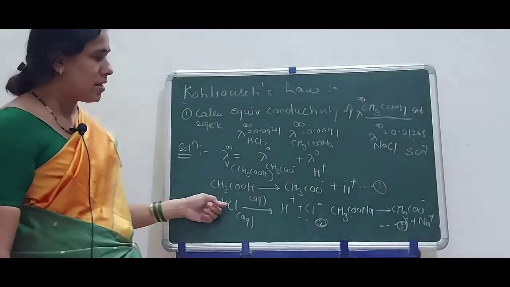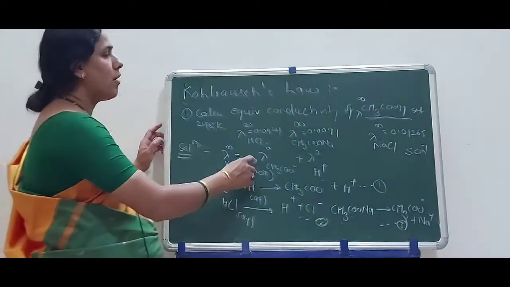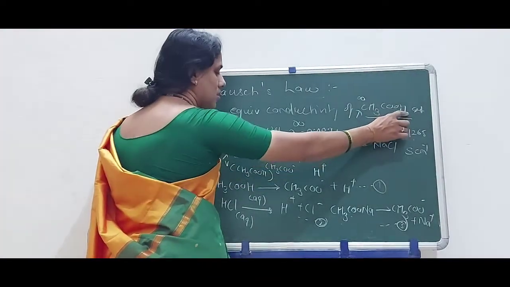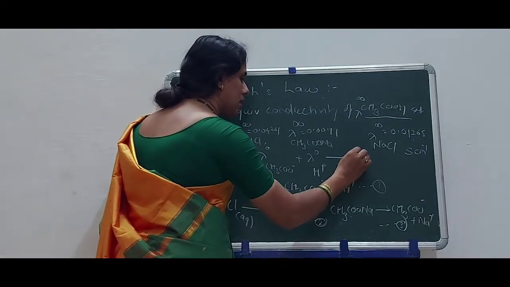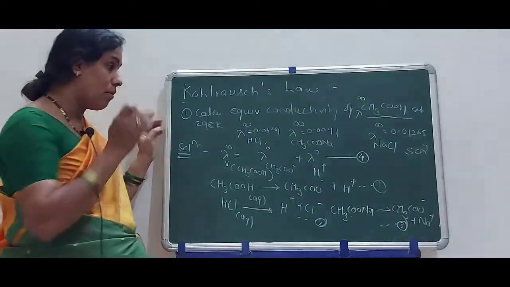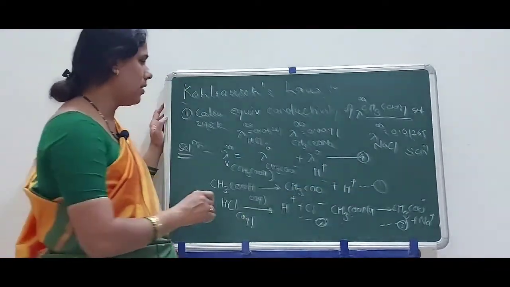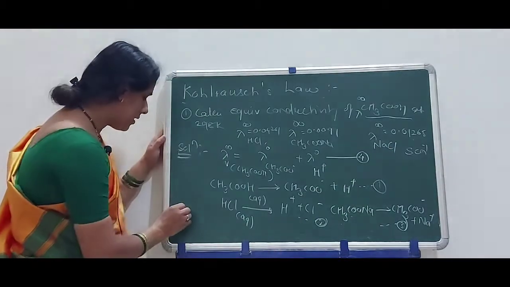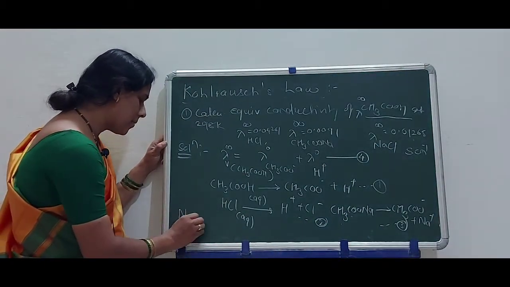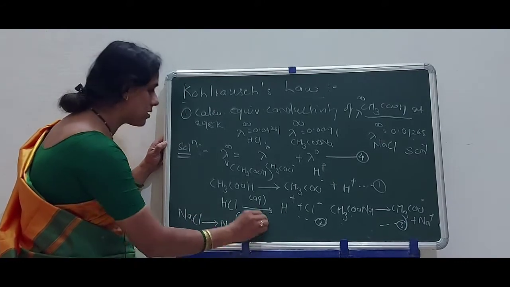Now observe these 3 chemical reactions in aqueous form. We want the CH3COOH reaction, this is the 4th reaction. NaCl gives Na plus and Cl minus.